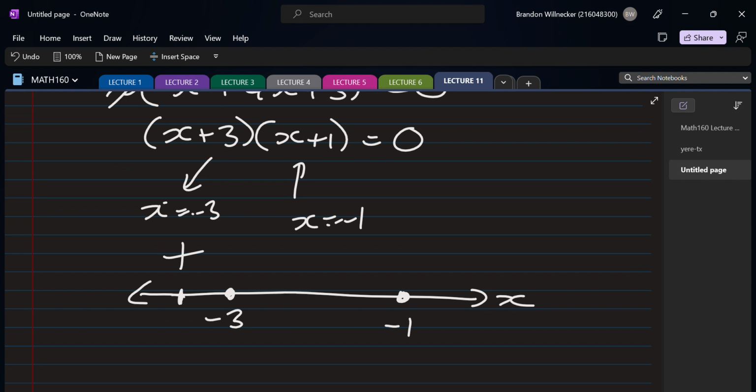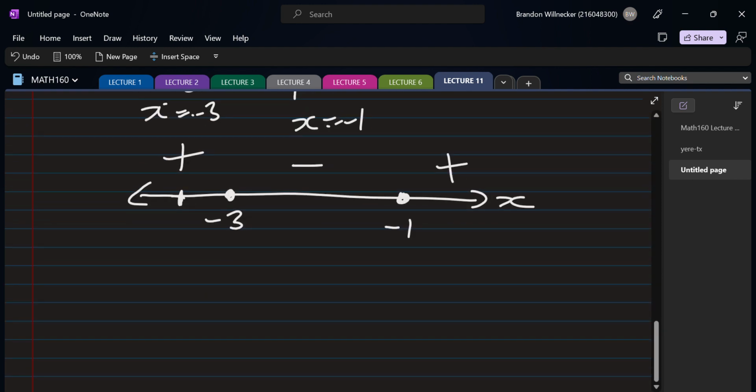Okay, then between -3 and -1, we can put -2. We substitute -2, we see what we get for the gradient. Is it positive? Is it negative? It's going to be negative. And then somewhere after -1, we can put in 0, for example. We see that it's going to be positive again, so we can put a plus.